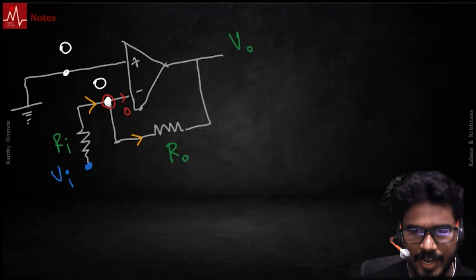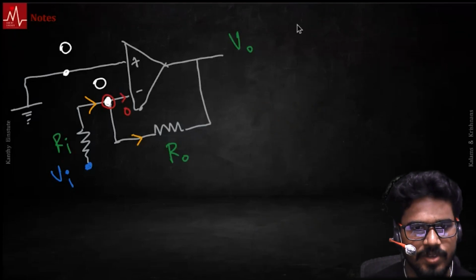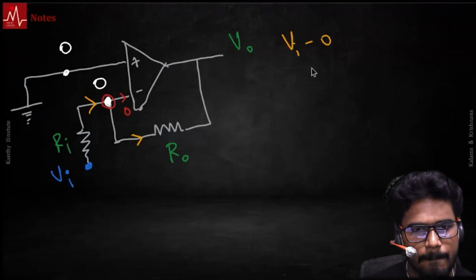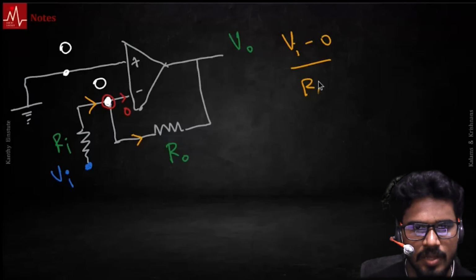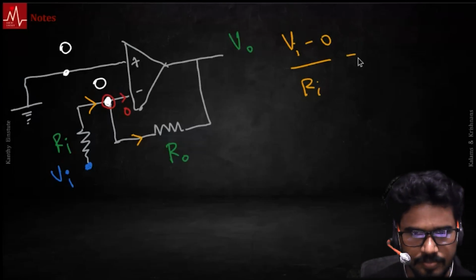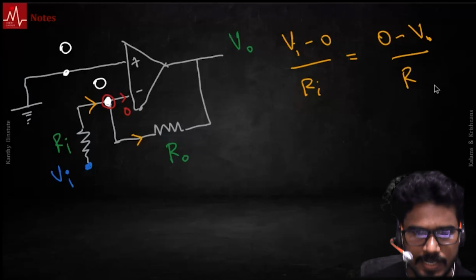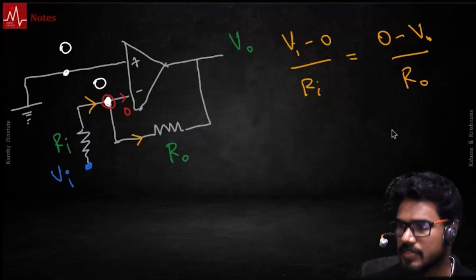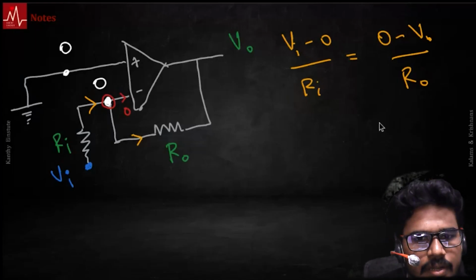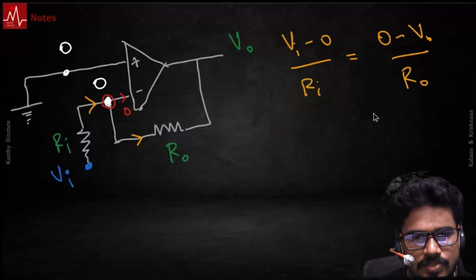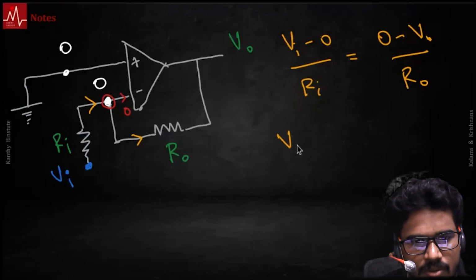Now we can quickly write down this current conservation equation. You have current here as Vi minus 0 by Ri equals 0 minus V naught by R naught. This current equals that current. This is your second. Let's quickly simplify this. This simplifies to V naught by Vi.